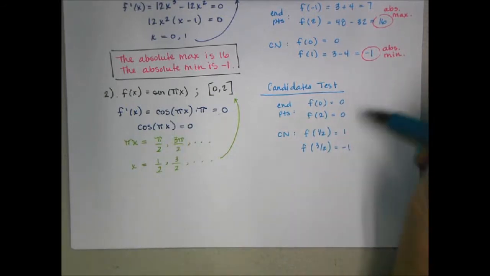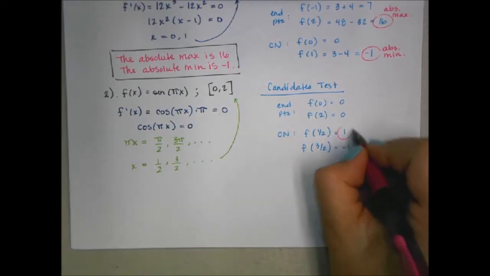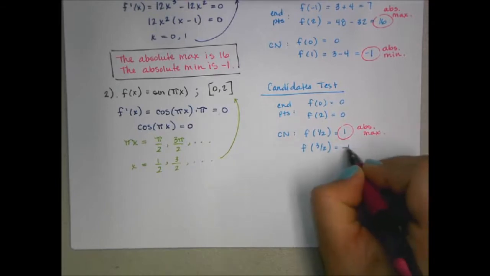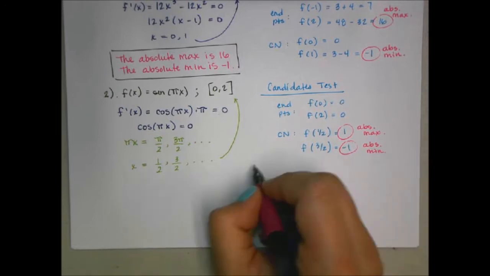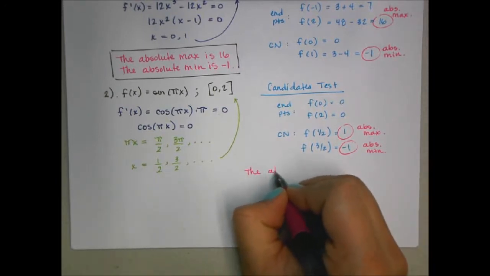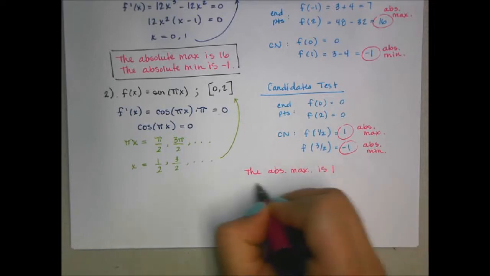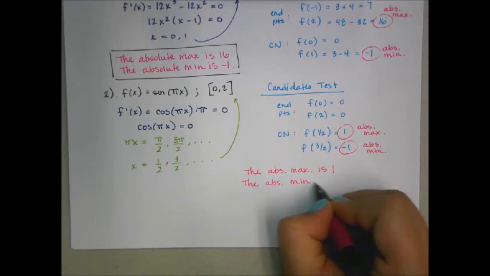So comparing my y values, the largest is 1. The smallest is negative 1. So we have the absolute maximum is 1. Absolute minimum is negative 1.